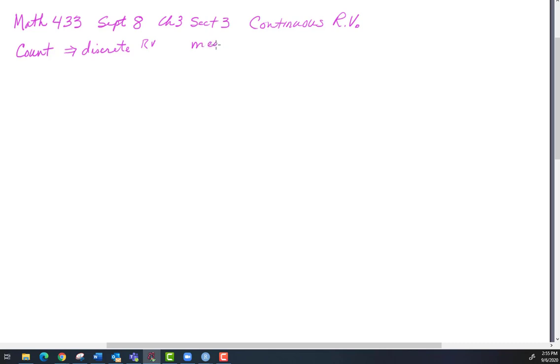But if we're measuring something, height, weight, that's almost always going to be a continuous random variable. And I'm saying almost always, not that I'm thinking of any case where it isn't. It's just that if I give absolutes, somebody always finds a way to contradict. So I can't think of any exceptions to measurements being continuous random variables, but there may be one out there somewhere.